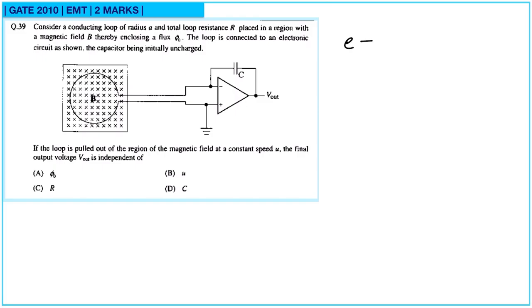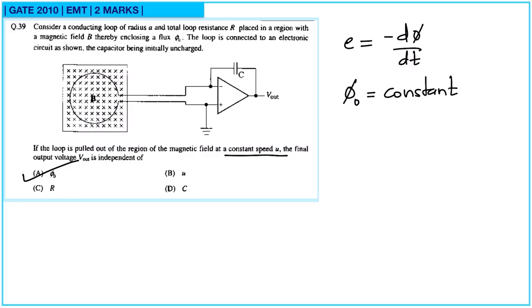The final output voltage E is equal to minus d phi by dt, and it is pulled out at constant speed. That means the flux flowing through it will be constant. And if it is constant, then Vout is independent of phi naught. It will not depend on phi naught. So option A is correct.